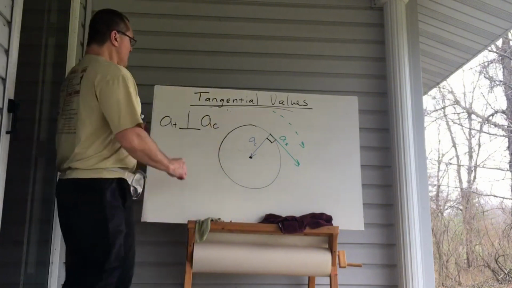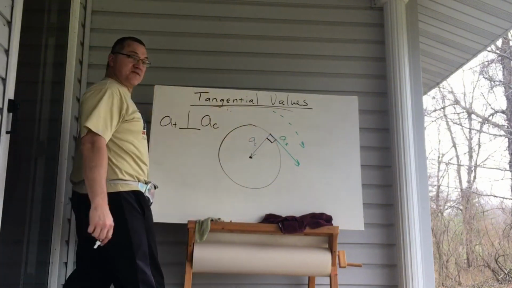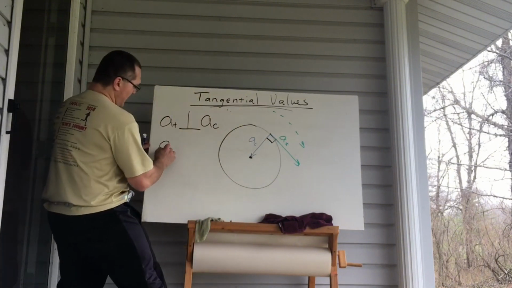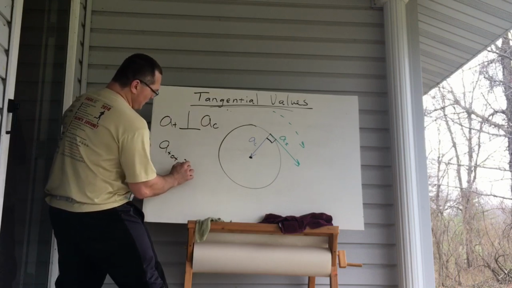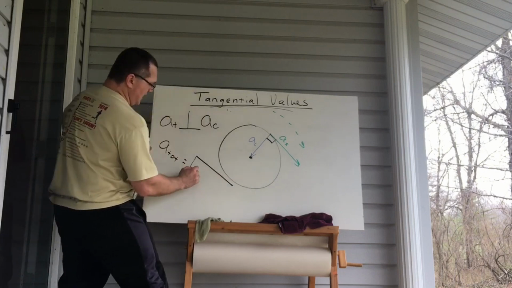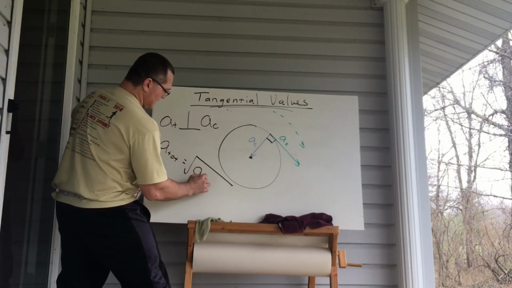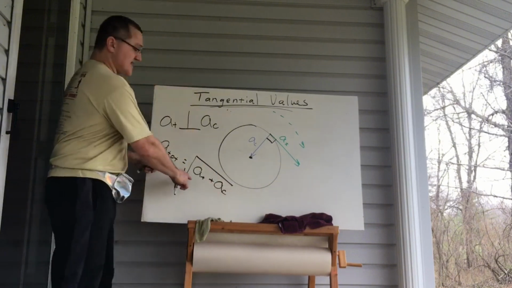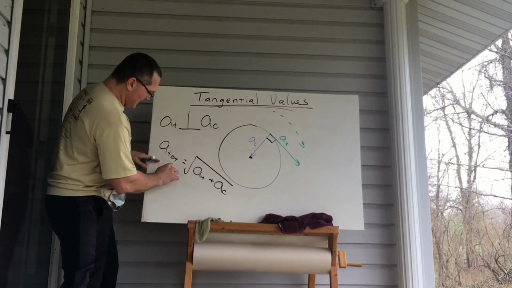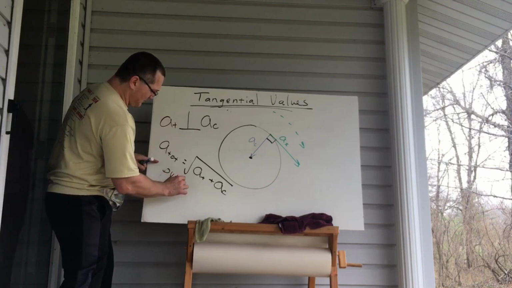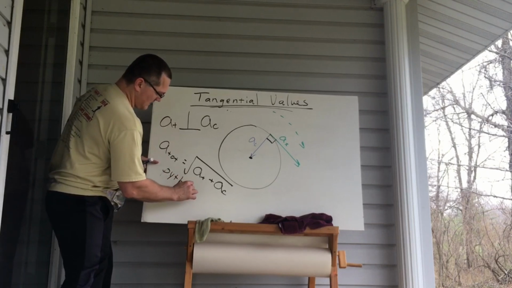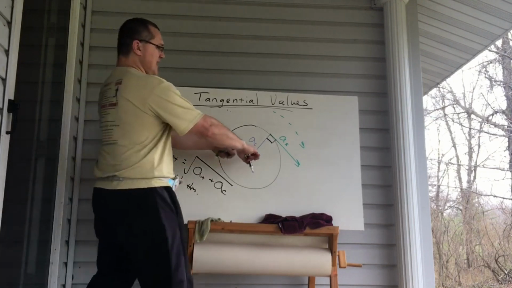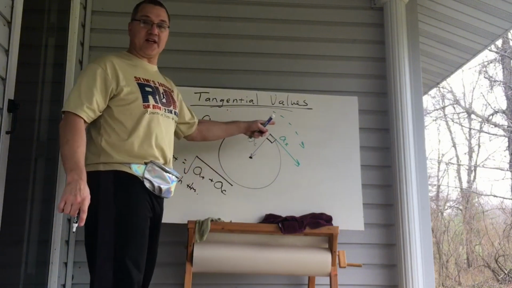Okay? To find the total acceleration of the two, a total is equal to the square root of tangential squared plus centripetal squared. And this should look familiar. This is the Pythagorean theorem. Because again, you're dealing with vectors here.